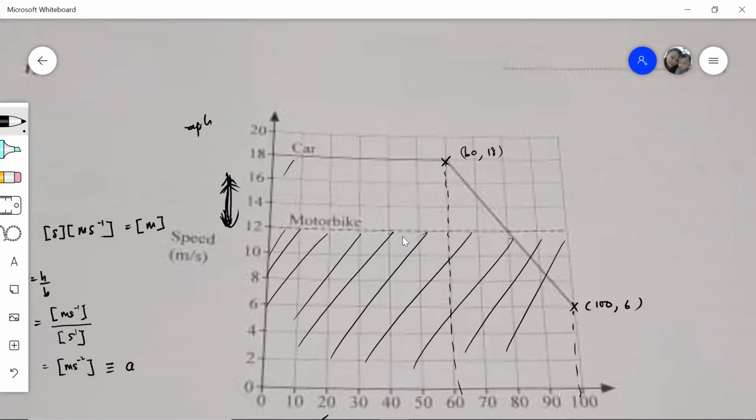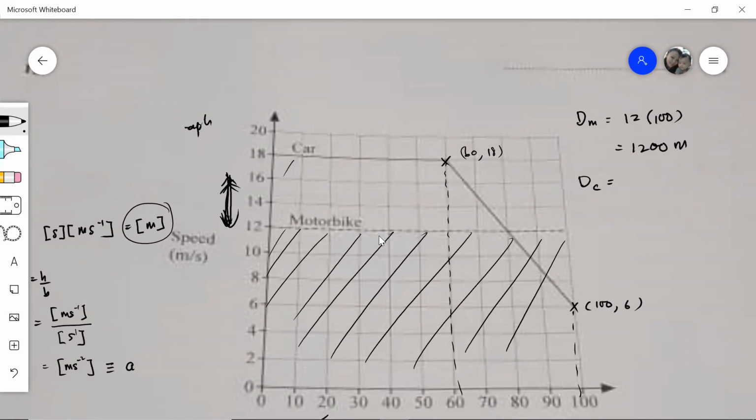Okay, the distance by the motorbike, in meters, so we take the area under the graph. That will be 12 times 100, and that will give us 1,200 meters.